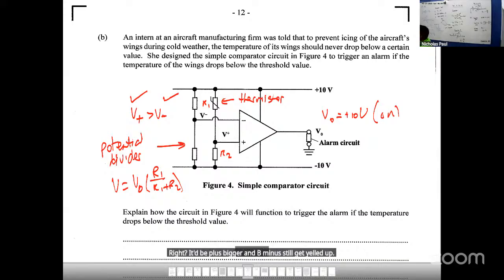Adding those things in red, 8 marks to that, and then there's a nice calculation after. Remember how the comparator works: the comparator compares the inputs. With a negative coefficient, the temperature drop causes the resistance to increase, and that causes V plus to rise above V minus.